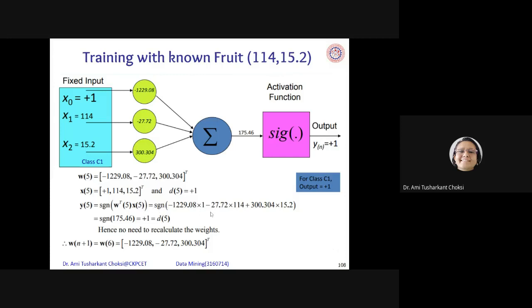Then we apply the multiplication and summation, and we get SGN of 175.46. So we get it as +1. The desired output and actual output are both the same, so no need to recalculate the weights. The same weight vector will proceed with the next level.